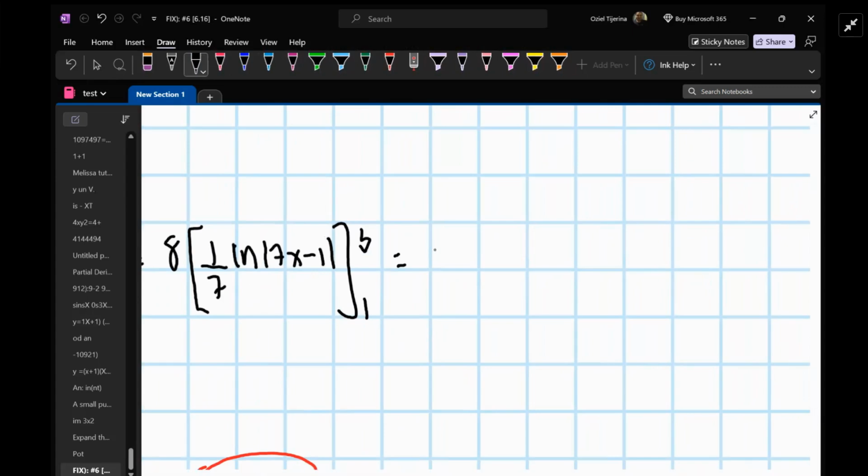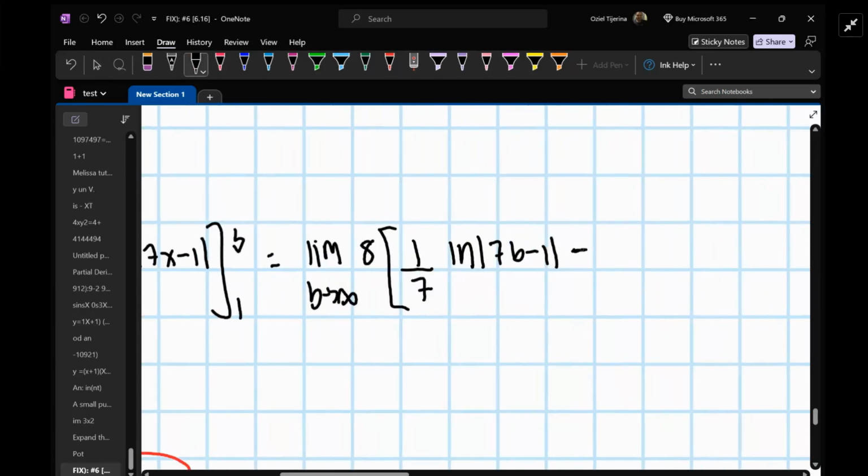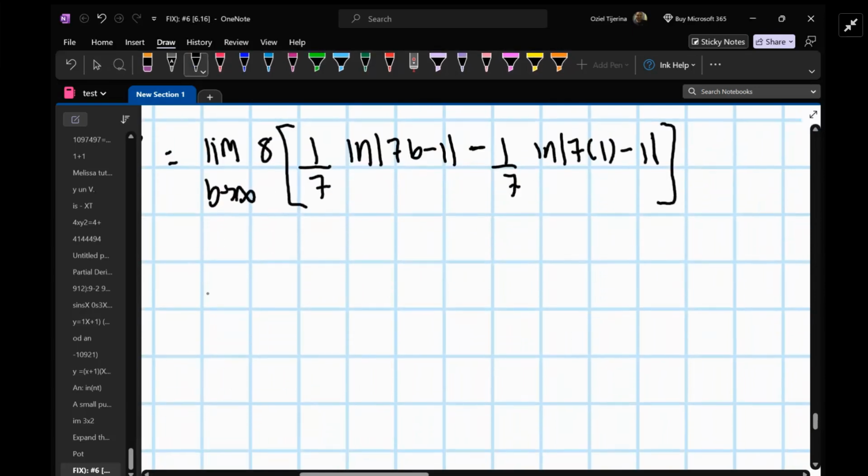So it's going to be the limit as b approaches infinity of 8 times the following: 1 over 7 natural log of 7b minus 1, minus 1 over 7 natural log of the absolute value of 7 times 1 minus 1. Then we just have to find the limit and evaluate all that.